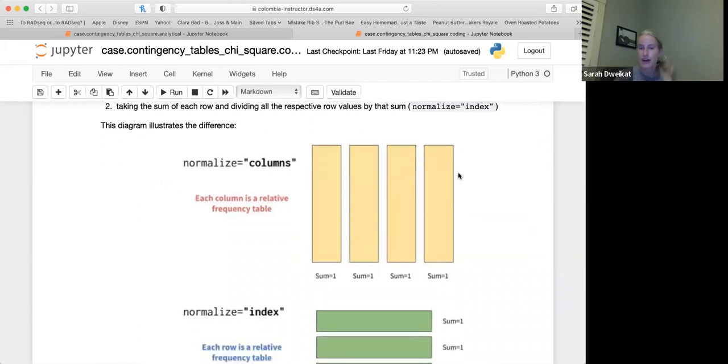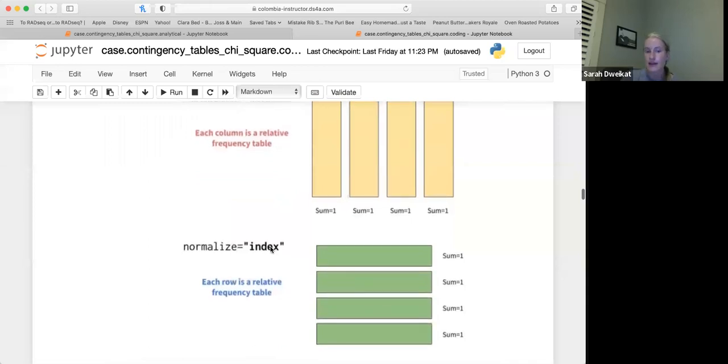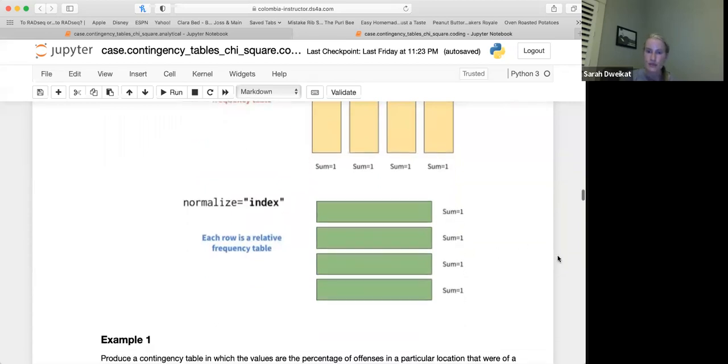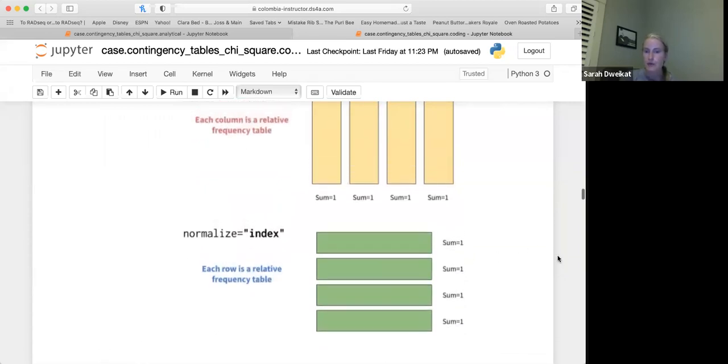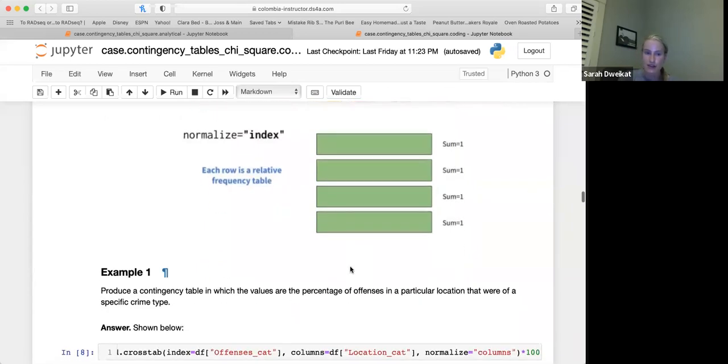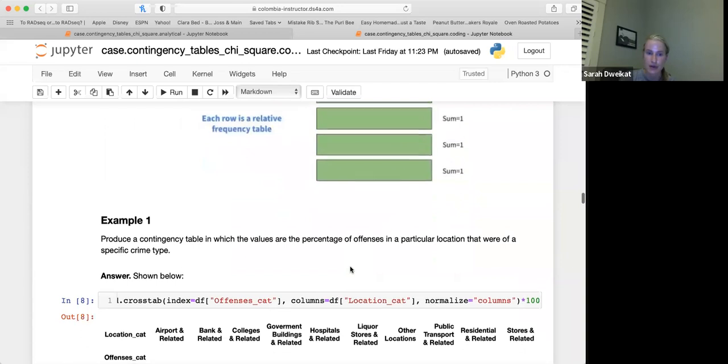So remember, we've talked about this a lot now, that you can normalize by columns, and that means that each column will sum to 1 or 100%. And if you normalize by index or by row, that means that each row will sum to 100% or 1. So, we talked about that in the last lecture, and then, this is how we're actually going to do it. So we'll show this example.